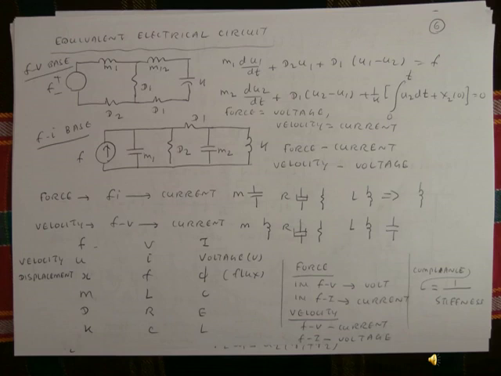In the chart you can see the force, velocity and current relationships. Those components are related through Kirchhoff's laws, KVL and KCL. Force corresponds to voltage in the FV system and to current in the FI system. Also, compliance is equal to 1 divided by stiffness.